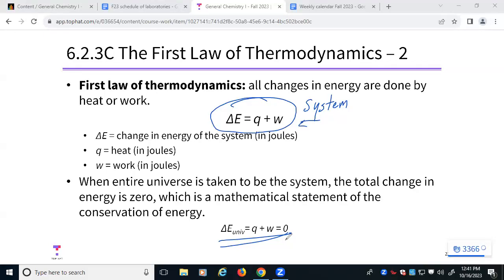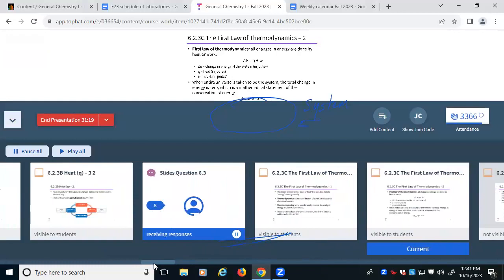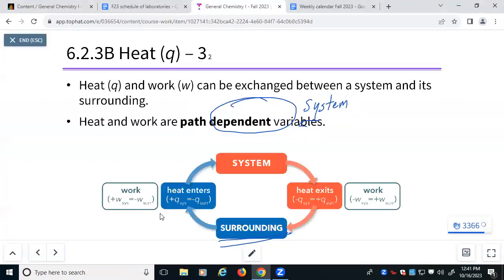And so if we come back to this slide that we jumped over a second ago, we see that playing out. Any heat change in the system has to be matched by an opposite change in heat in the surroundings.